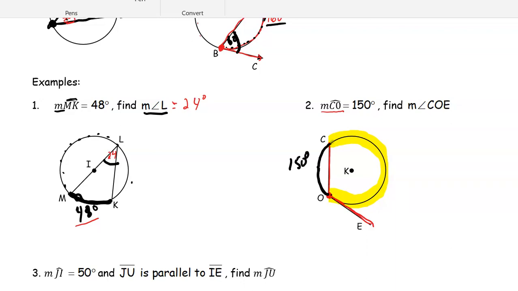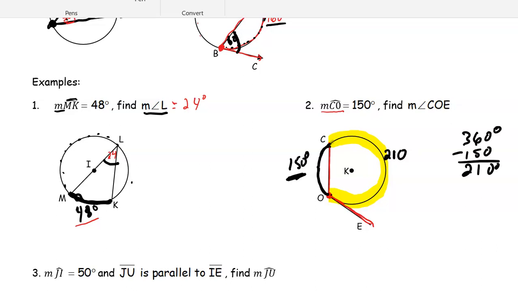What we know is the entire circle is 360 degrees. If we subtract away the part that we know, which is 150 degrees, what that tells us is the yellow part would have to be a total of 210 degrees.